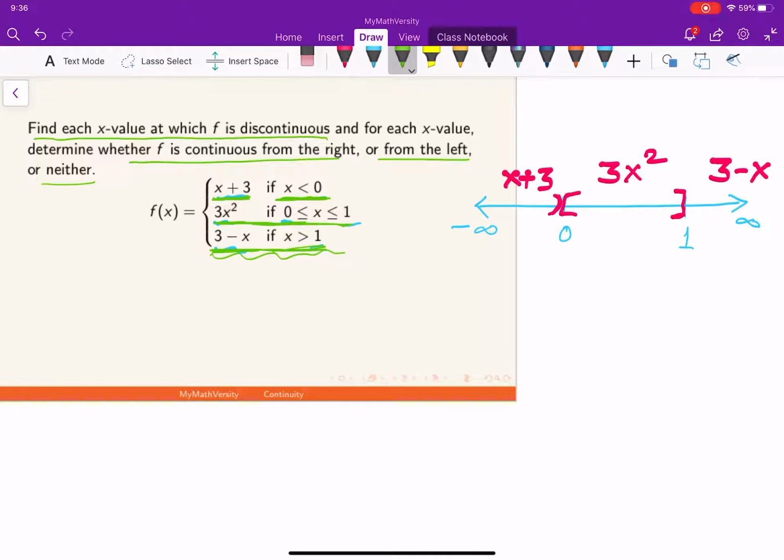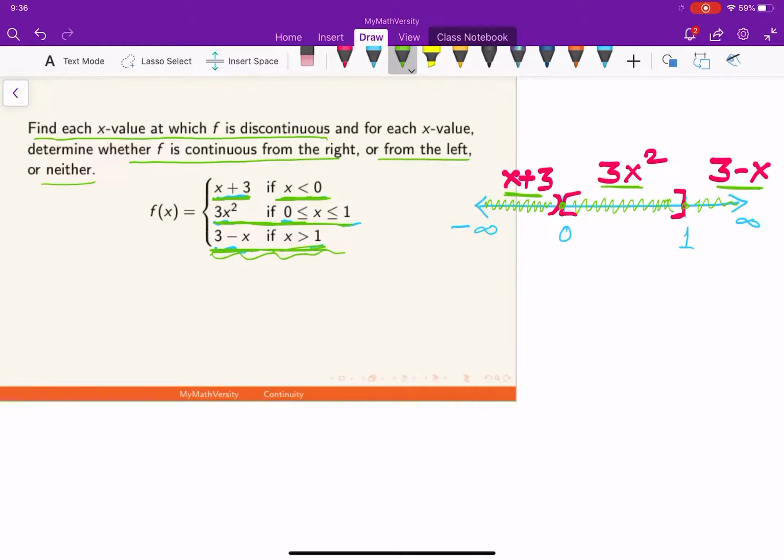You can see here the rule is x plus 3, and that works for any real number from negative infinity to 0. Forget for a moment the exact endpoints. If you neglect those endpoints, over here the function is x plus 3, then 3x squared, then 3 minus x.